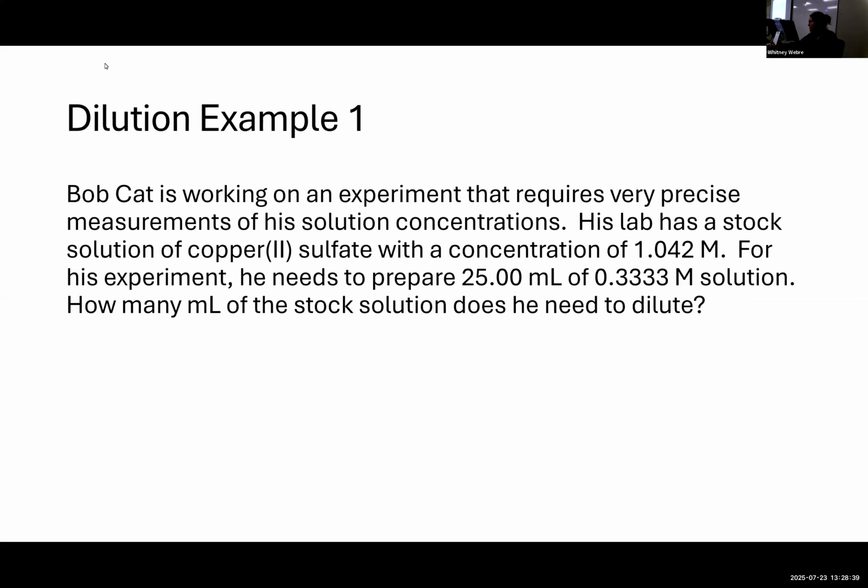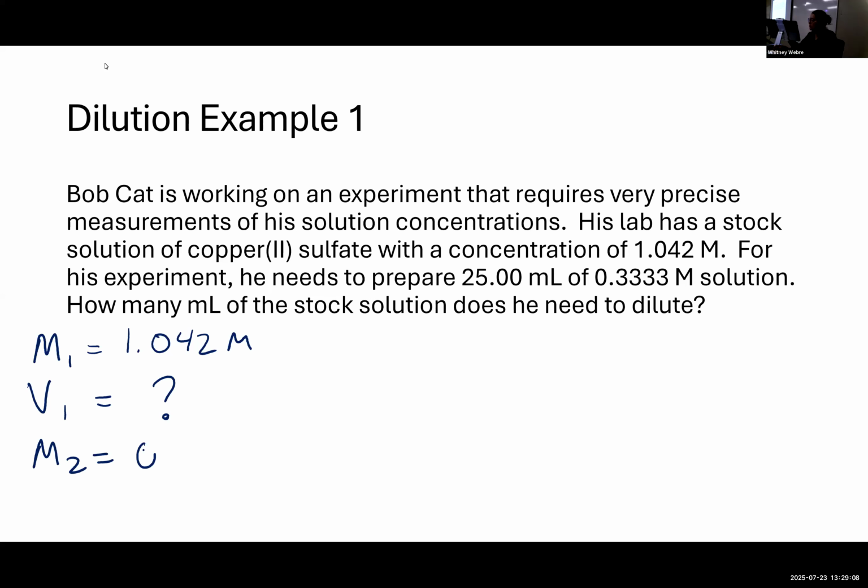So, VERSE. V is for variable. As I read this, it says stock concentration is 1.042 molar. It's asking for how many milliliters of the stock do we need to make this new solution. So I do not know what V1 is. But I do know what our goal is.